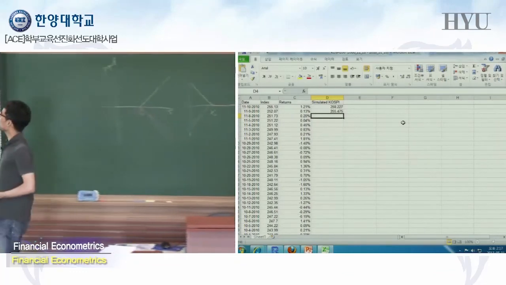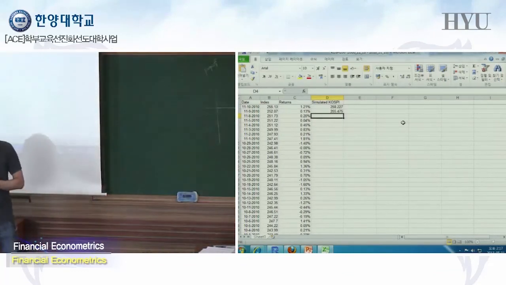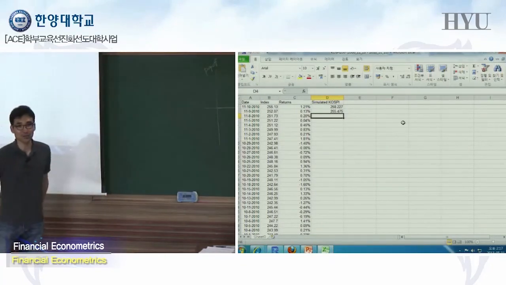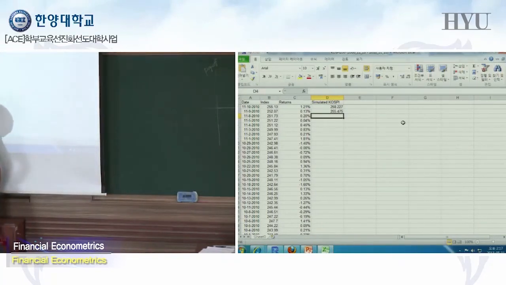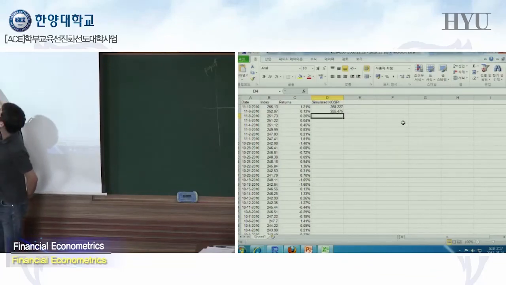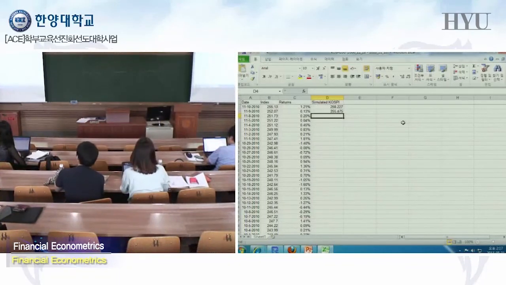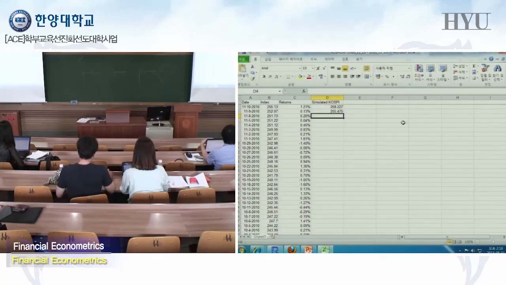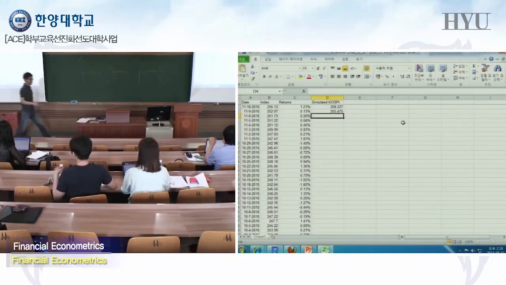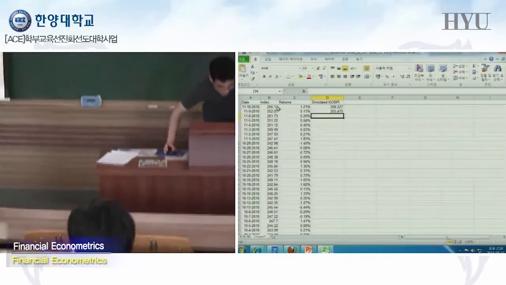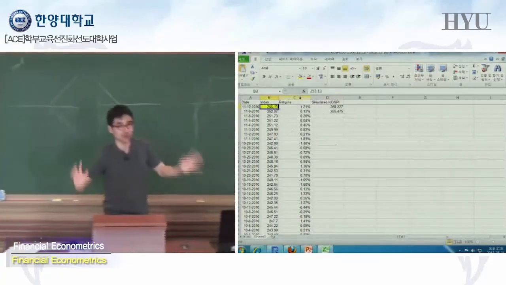Given today's closing price of 255, if the first scenario happens, our stock price would be 258. If the second scenario happens, we simply multiply this and this. Let me highlight this special value. So this is our standard.